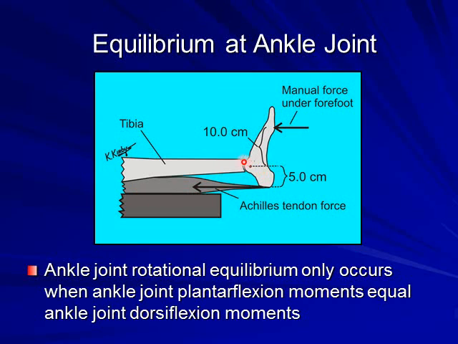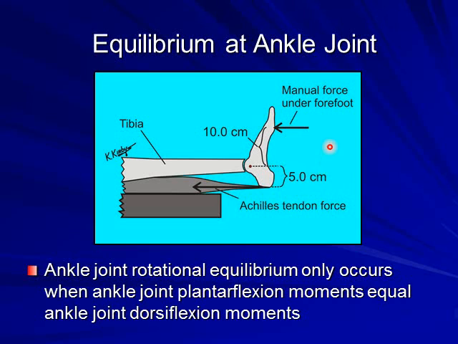We have an individual laying on a table. Here's our tabletop. I've modeled the tibia to be just one block of bone, and I've modeled the foot to be just one block of bone in order to simplify our model. I've included the Achilles tendon along with the gastrocnemius soleus, here with the individual laying on the table with their foot hanging off the end of the table.